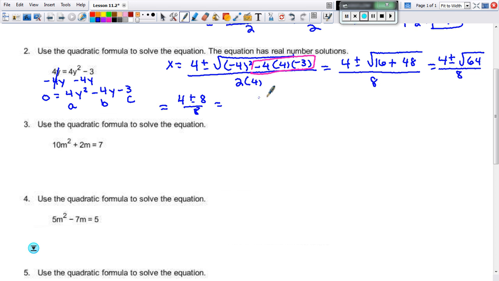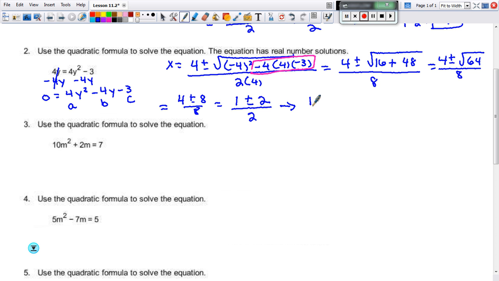The numbers that are left, we can divide them all by 4. So 4 divided by 4 is 1, plus or minus 8 divided by 4 is 2, over 8 divided by 4 is 2. That's right. So when you split this one up, you do have a fraction.